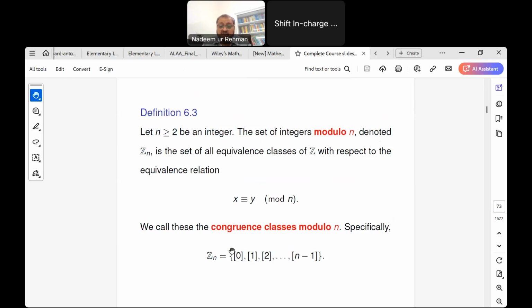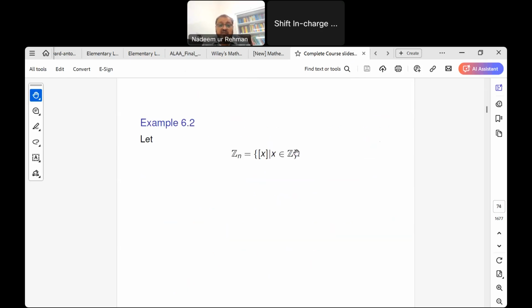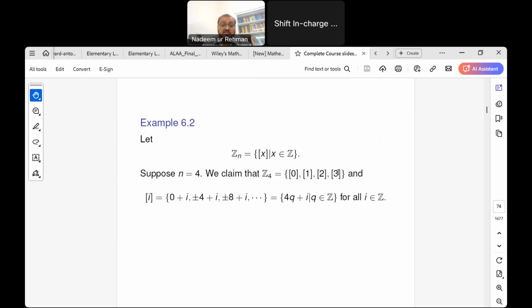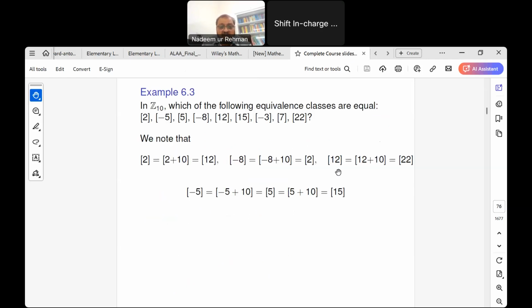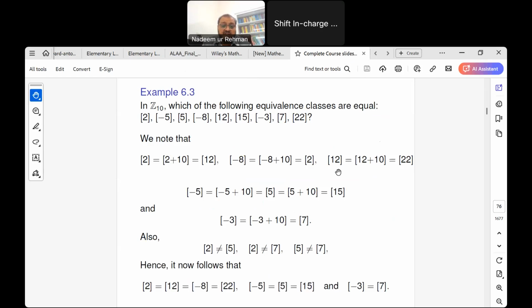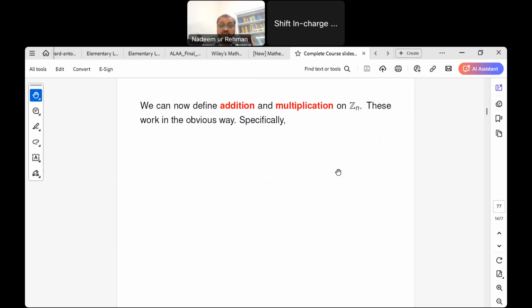So Zn is the collection of all the equivalence classes. Suppose n is equal to 4, so we have Z4 consisting of the classes of 0, 1, 2, and 3. Now we have to show that Zn is a group under addition. These are other examples of collecting the equivalence classes.